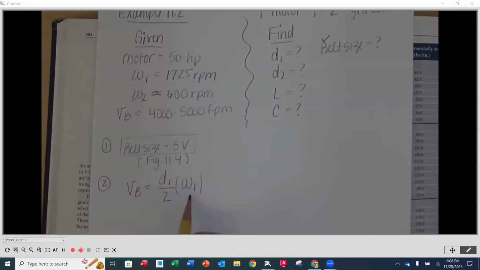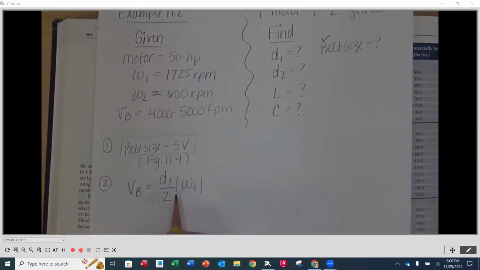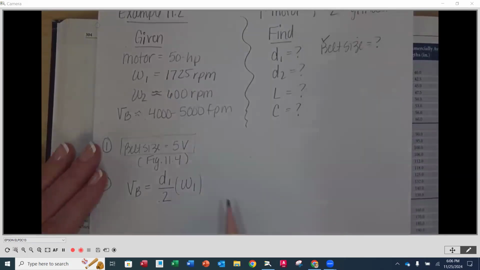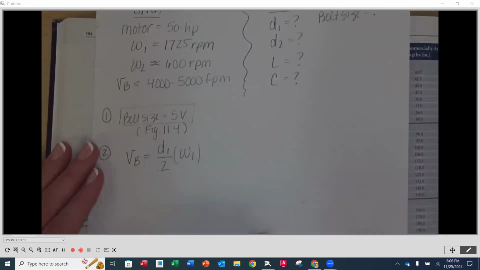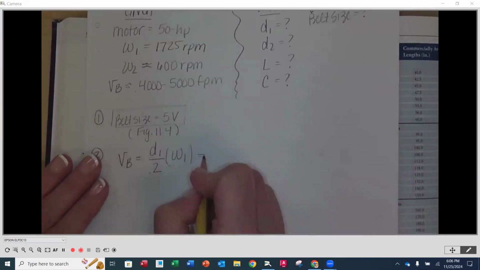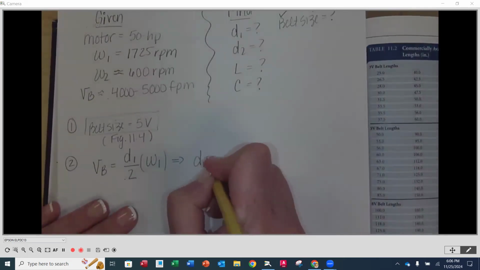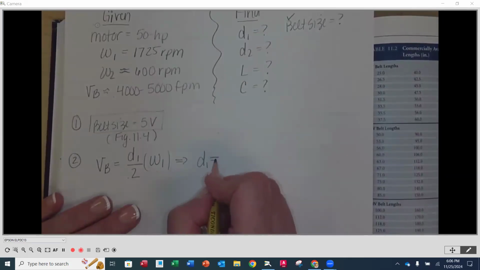So when we convert that into radians, we can leave it in radians per minute like we did earlier. Okay. So let's use what we have here to solve for D1. Rearrange this equation to solve for D1. So D1 is equal to, you can go ahead and do that and then we'll compare in just a second.